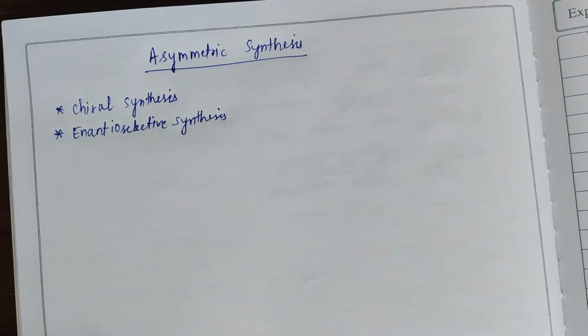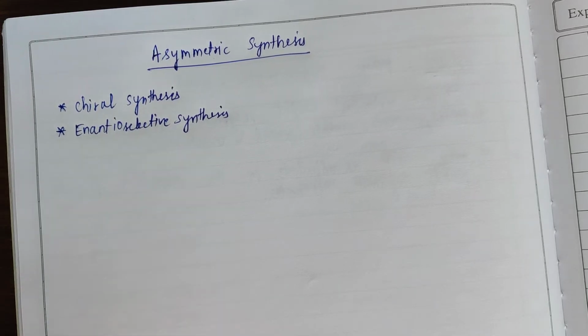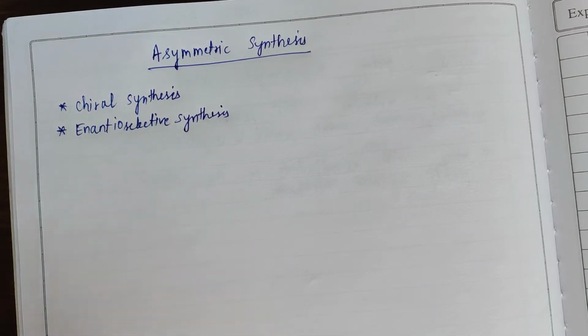It's nothing but a form of chemical synthesis in which an achiral unit, which is an ensemble of substrate molecules, is converted into a chiral unit in such a manner that unequal amounts of stereoisomers are produced.